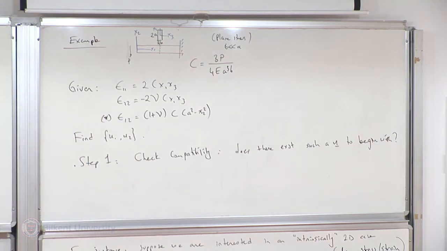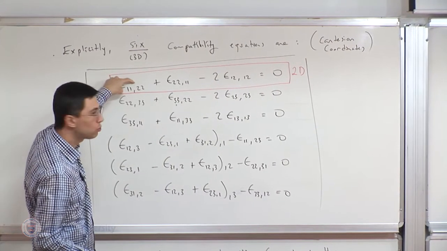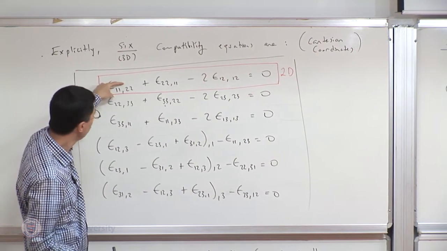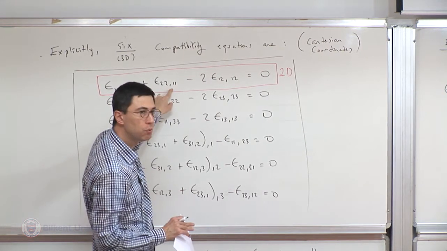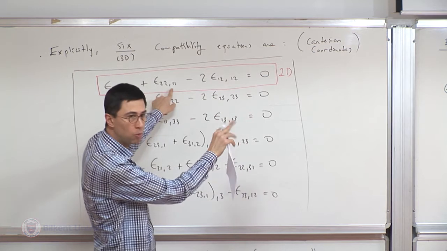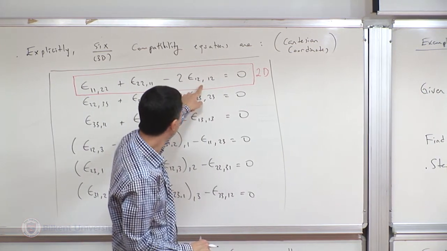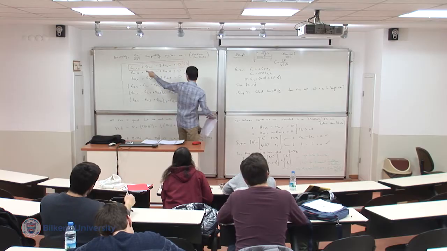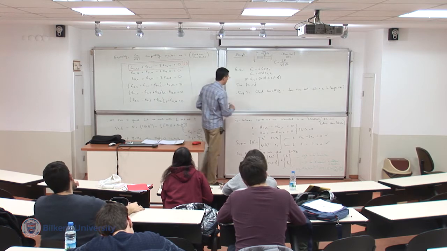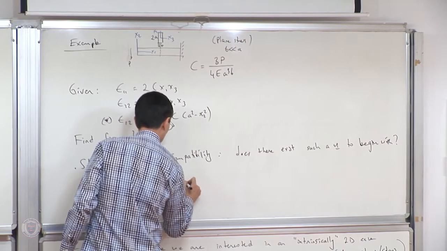So this is the condition that we are trying to check. Epsilon 1,1 comma 2,2 doesn't depend on x2, so it's 0. Epsilon 2,2 comma 1,1 has two derivatives with respect to 1, but it is linear in x1, so it's automatically 0. And epsilon 1,2 does depend on x2, but does not depend on x1. So it's 0 plus 0 minus 0. So it's trivially satisfied in this case.